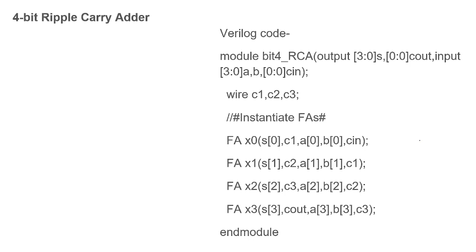And now, to define the 4-bit ripple carry adder, we will instantiate the full adders. How many full adders are required? 4 full adders. We will be propagating the carry.